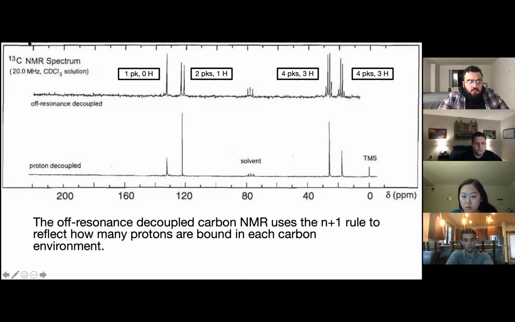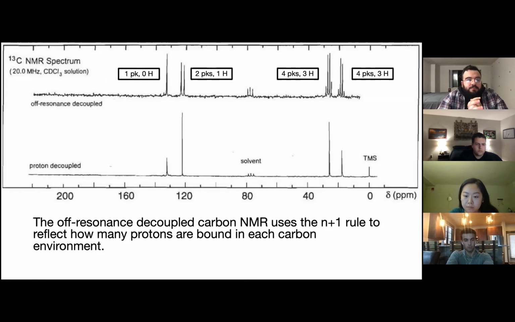Yeah, so for these peaks, just to clarify, you said that there's 4 peaks, but 3 hydrogens. Does that indicate the 3 hydrogens on the neighbors or on the actual carbon that we're referring to? Great question. So for carbon NMR, we're talking about the carbon itself. The only time you're looking at your neighbors is for proton NMR.